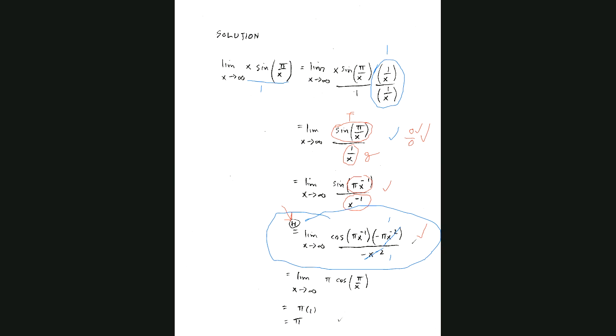And now we can take the limit. Now we have a determinate form. This form is determinate because pi over x approaches 0 as x goes to infinity, and the cosine of 0 is 1. And so we're able to find our limit.